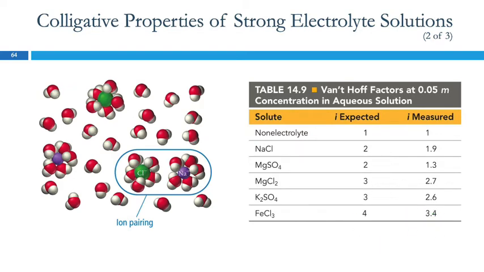The measured is only 3.4. So the measured Van 't Hoff factors, if you need to use those, they will give them to you. Don't try to memorize those. Most of the time, we can just use the expected Van 't Hoff factor, which we can figure out by looking at how many ions are in one formula unit of that compound.